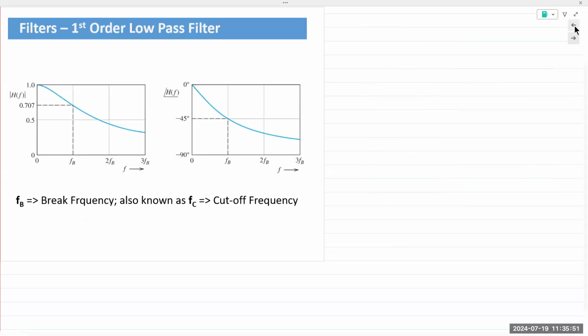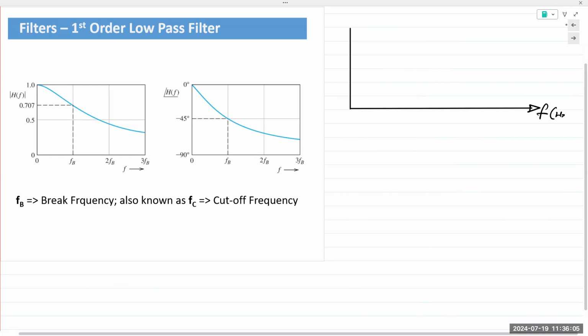So first order low pass filter, I'm going to draw a simple chart in terms of frequency and voltage. So it's now frequency in hertz on the y-axis and V out on the x-axis.